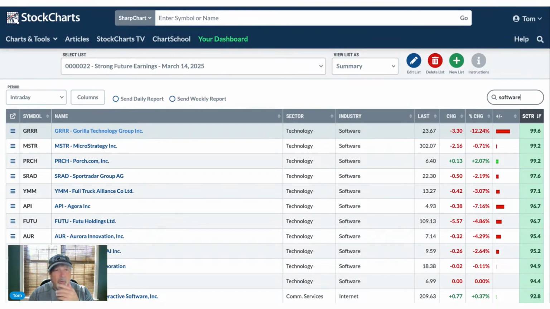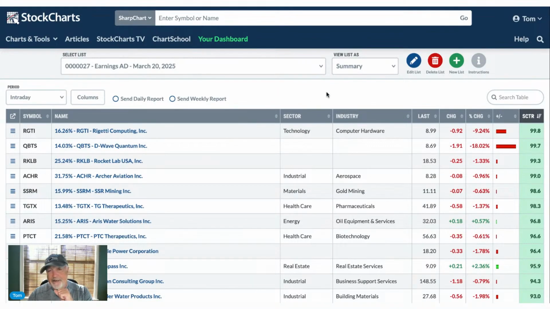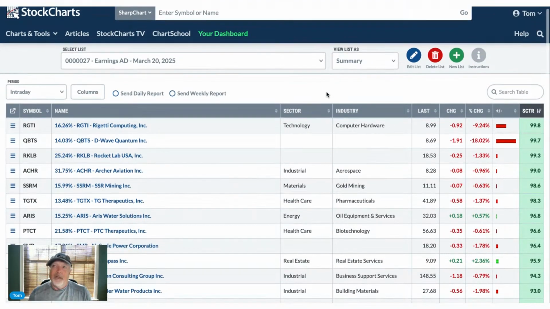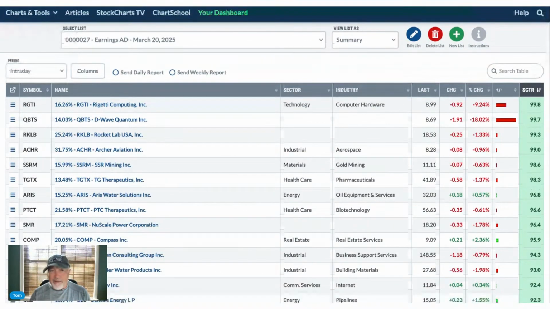The second one I wanted to talk to you about a little bit is the earnings AD chart list, earnings accumulation distribution. So this one I just updated, and historically what I've done with the earnings AD chart list is that a stock has to have gone up intraday from open to close the day after earnings at least 4%.